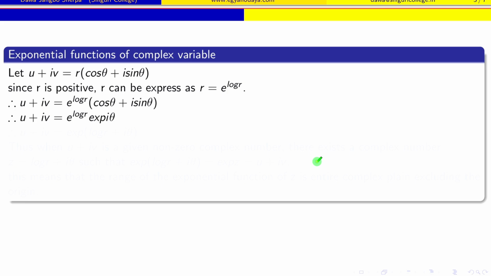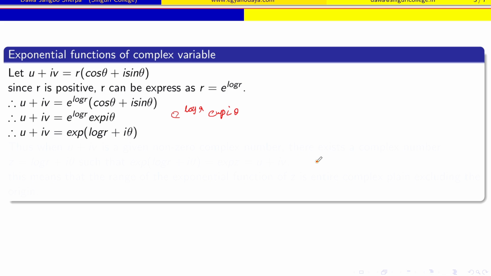So u plus iv is equal to e to the power log r, and we know that cos theta plus i sin theta can be written as e to the power i theta, that means exp i theta. So we can write exp i theta in place of cos theta plus i sin theta, because they are the same. So we have e to the power log r times exp i theta.